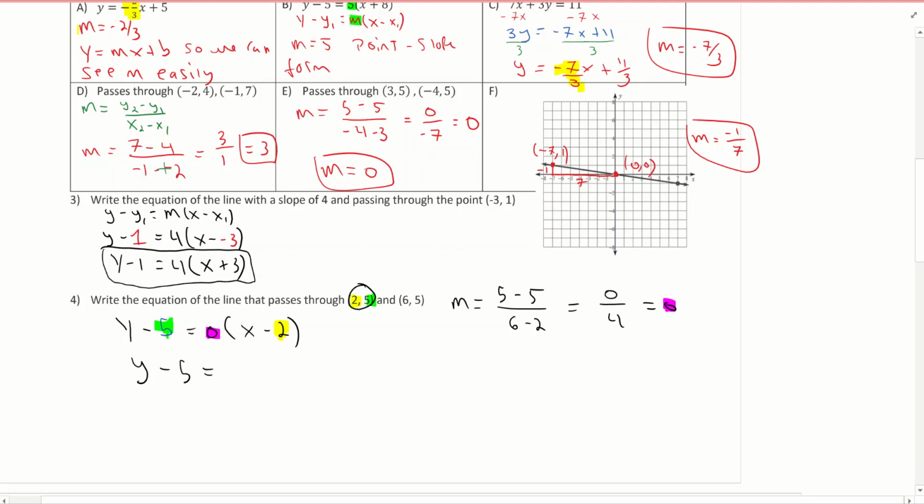So we're getting y minus 5 equals 0 times x is 0, 0 times negative 2 is 0, so we're getting 0 here. In this case, we should just move this 5 over, right? Add 5 to both sides, and we're going to get y equals 5. All right, and that's the equation of a line. It's a horizontal line. The slope is 0, so just straight across the line like that.